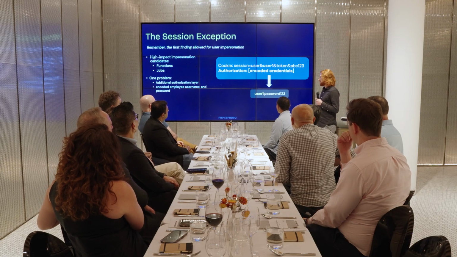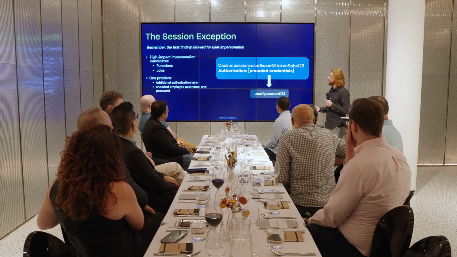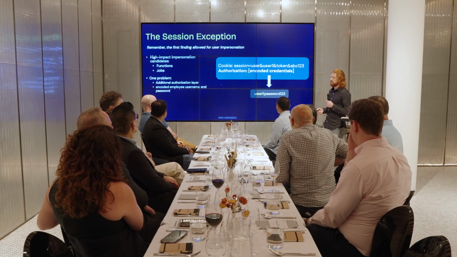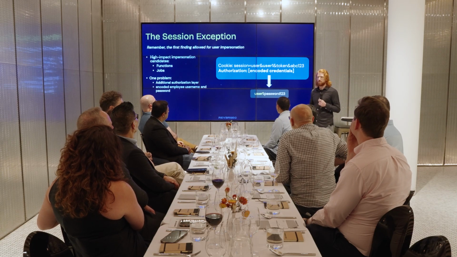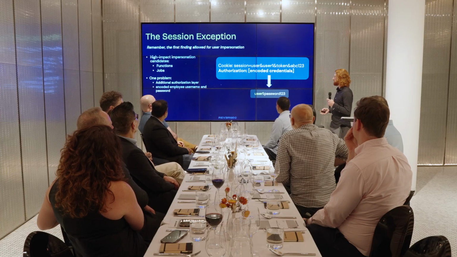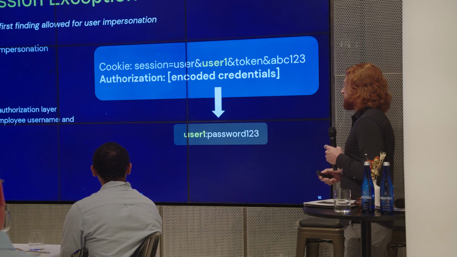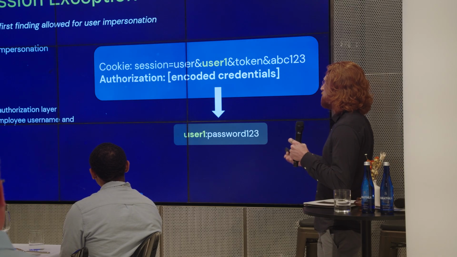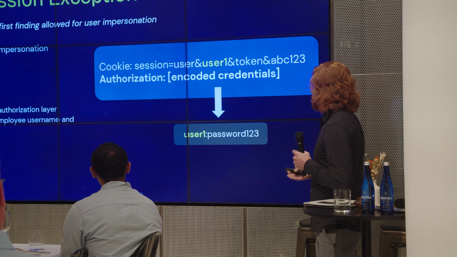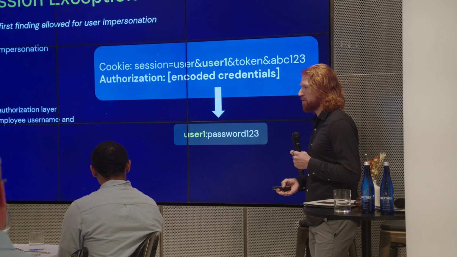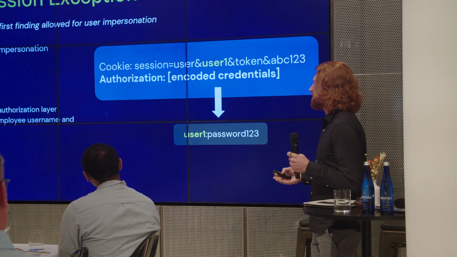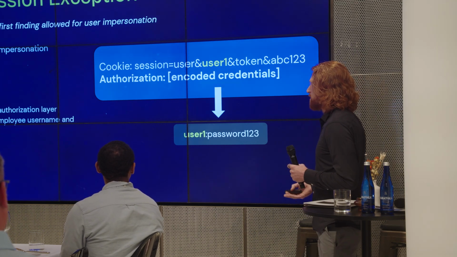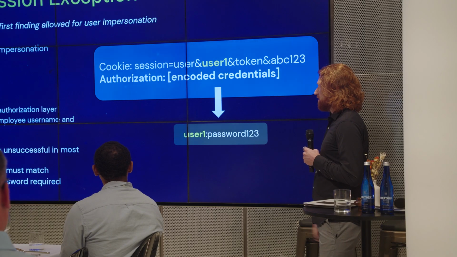So in addition to the cookie, every request was also sent with an authorization header which had an encoded employee username and password. So the username in the cookie would need to match the password. If I wanted to try and exploit this, I would have to change both. But I would also need to know the correct password of the employee, and if I already knew that, exploiting this would be kind of pointless.